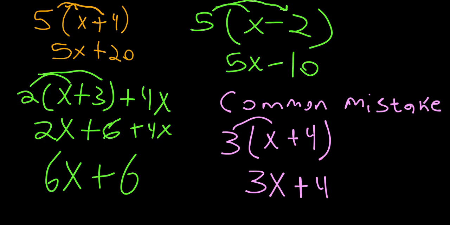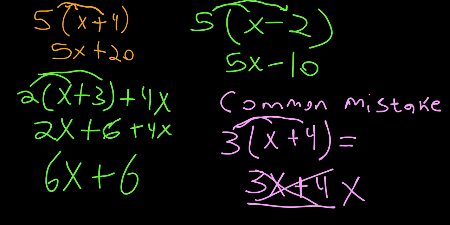So what they've done is they forgot all about multiplying 3 times positive 4. And they end up with this expression. That is wrong. You must remember to distribute to both terms. The correct answer would be 3x plus 12.